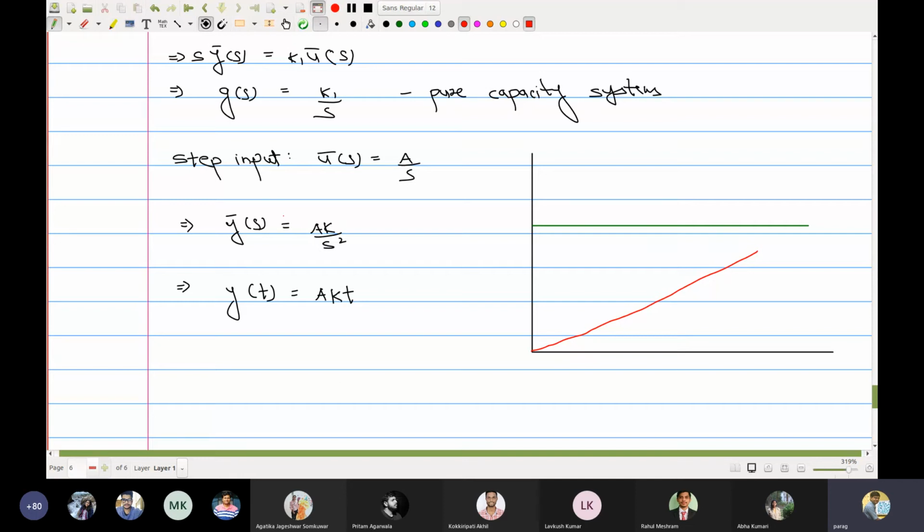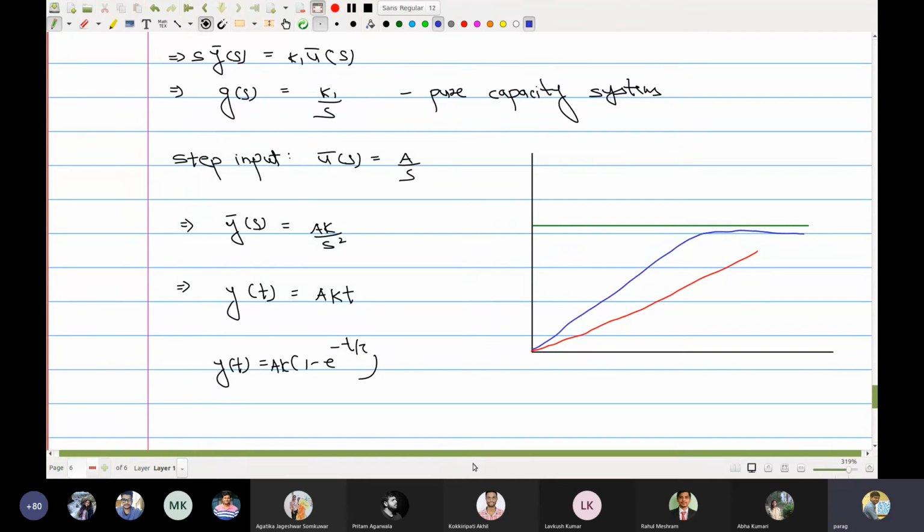And this is in contrast to this expression that we derived previously, y of t equals ak 1 minus e to the power minus t by tau. Right? We derived this previously, and following that, we know that my output should look like this.